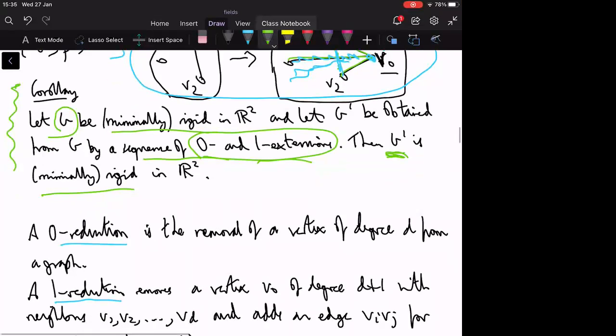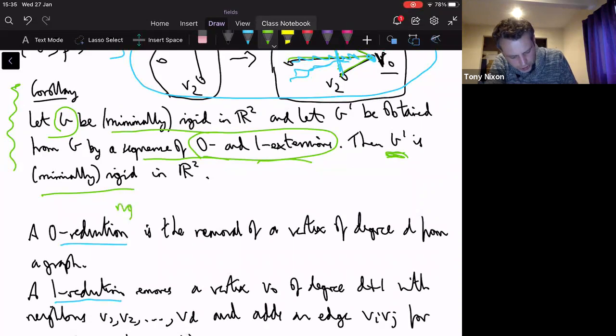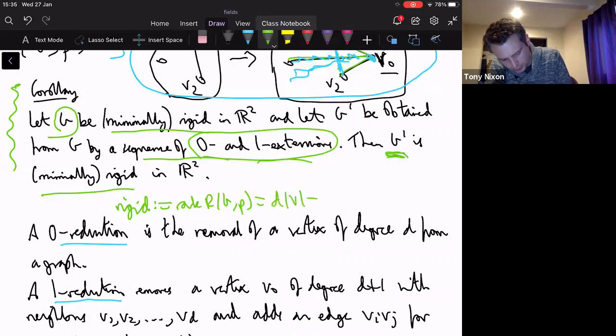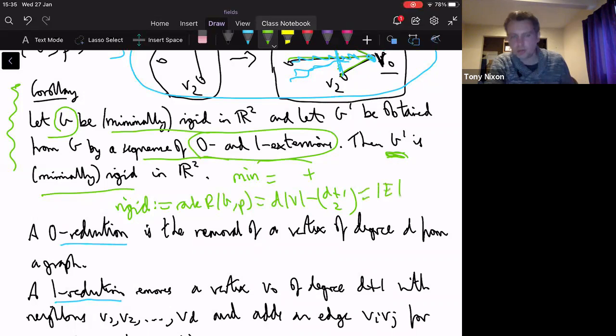Sorry, could you just remind, what does minimally rigid mean again? Okay, so rigid in this lecture, I'm taking to mean that the rank of the rigidity matrix is equal to D times the number of vertices minus D plus 1 choose 2. We talked about this being equivalent to continuous rigidity in terms of continuous motions, but for now, rigid means this, and minimally rigid means this plus the rows of the rigidity matrix are linearly independent. So this is equal to the number of edges.